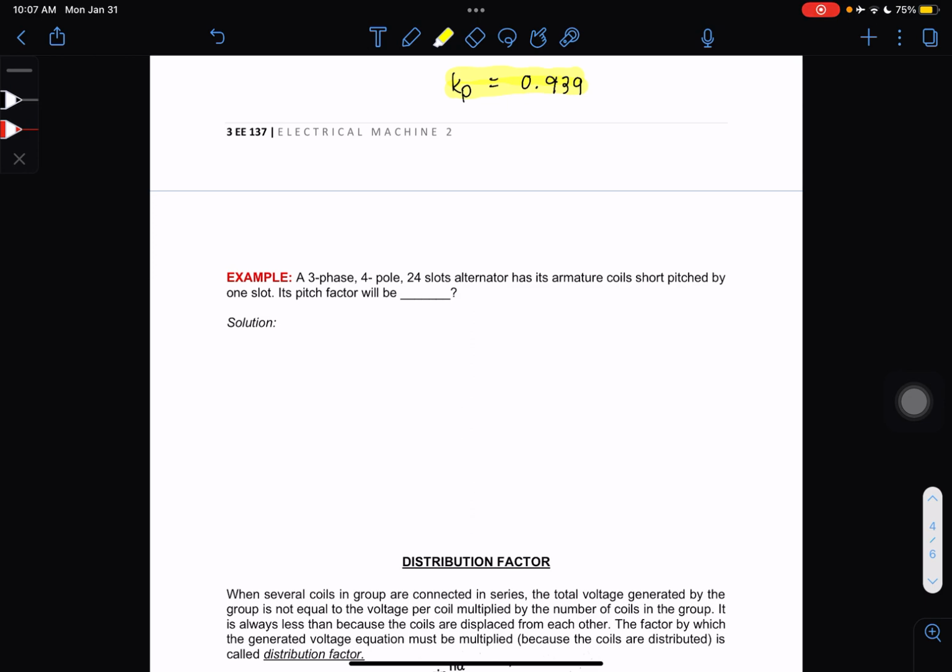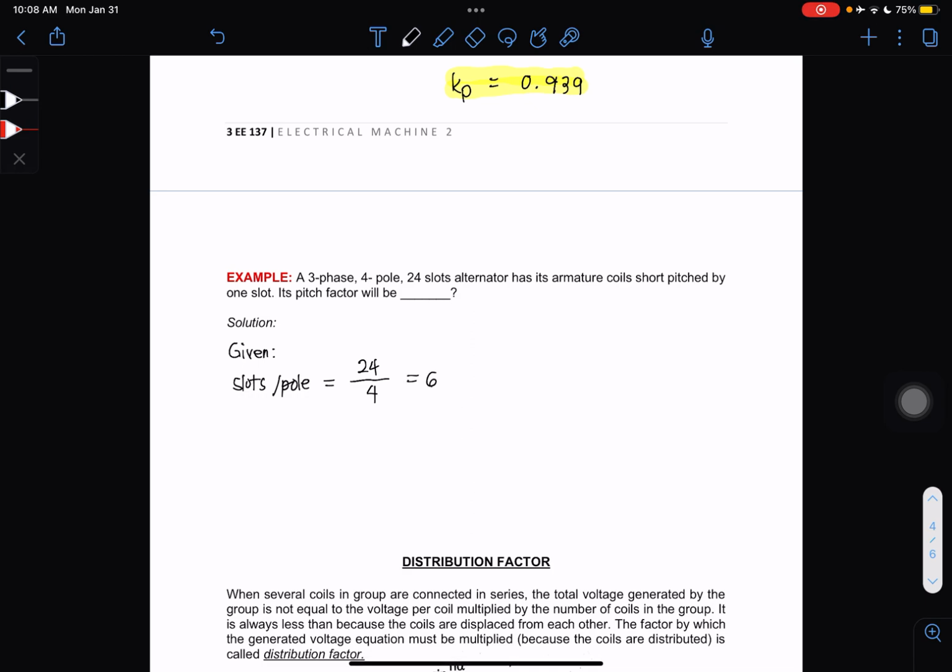A 3-phase 4-pole 24 slots alternator has its armature coils short pitch by 1 slot. Find its pitch factor. So take note of the given number of slots per pole. Our slots is 24, our pole is 4, so we have 6.